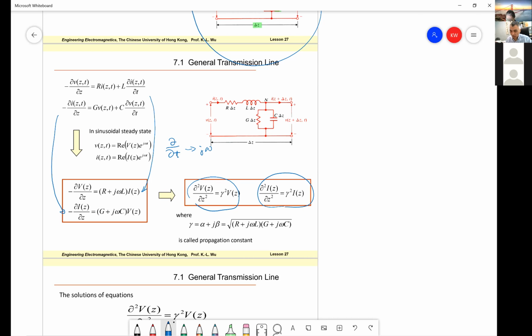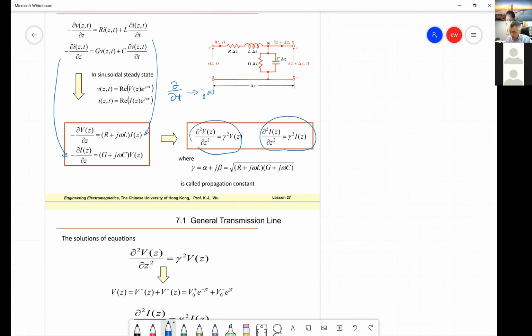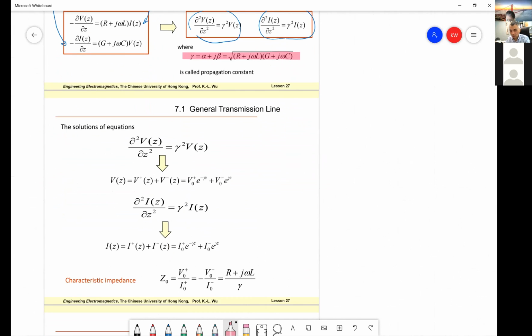Which two basic properties? This is very important. One is the propagation constant. Because the solution of either voltage or current is an ordinary second order differential equation, its solution, we know, contains two parts.